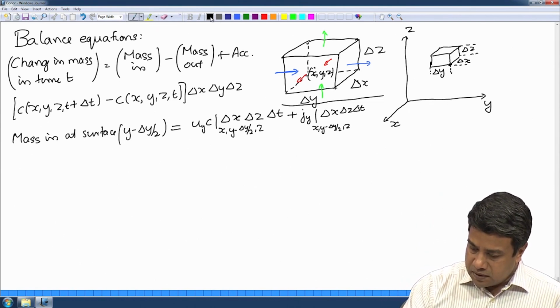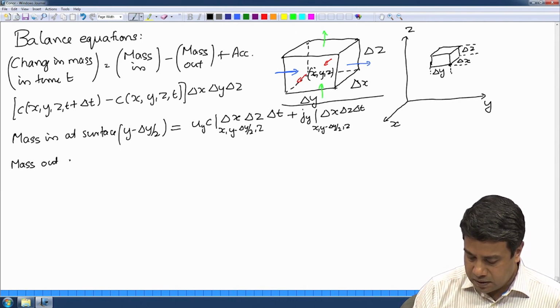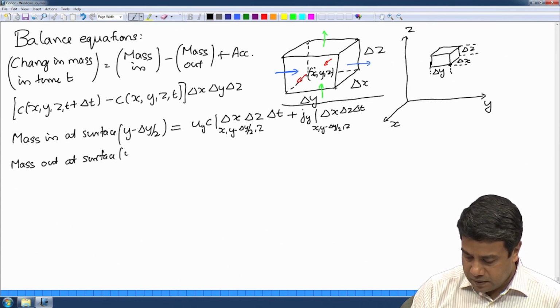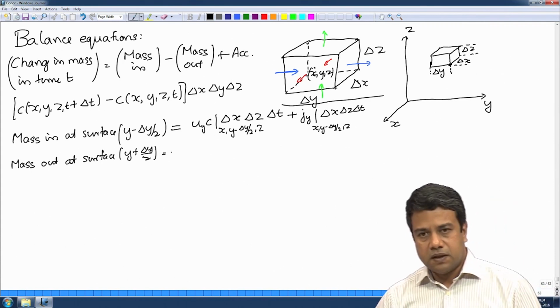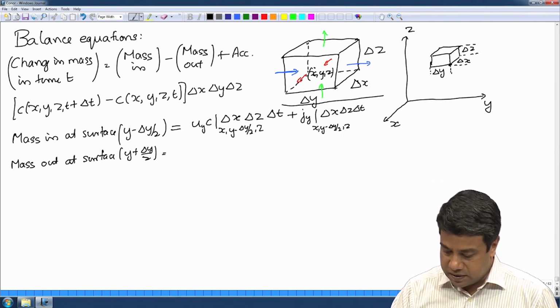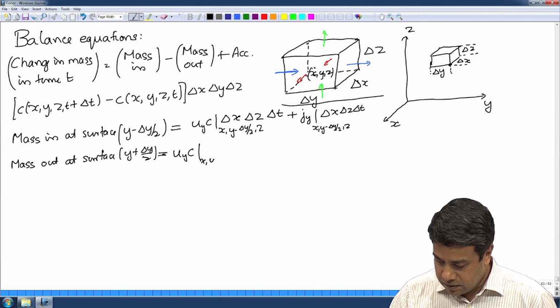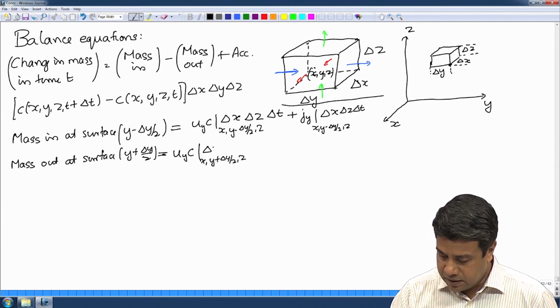What about the mass out on the surface on the right? Mass out at surface y plus delta y by 2 is going to be equal to the velocity times concentration at that surface. This is the convective mass flux out. It is going to be equal to uy times c at x, y plus delta y by 2, z, times delta x delta z delta t.